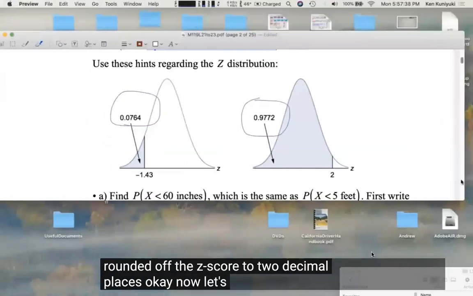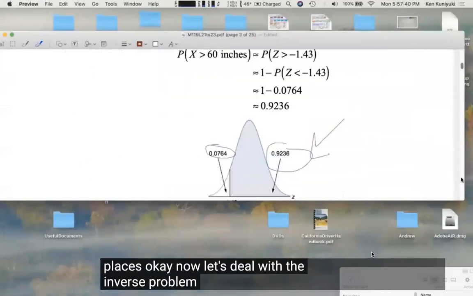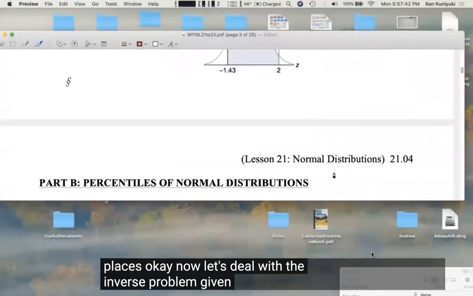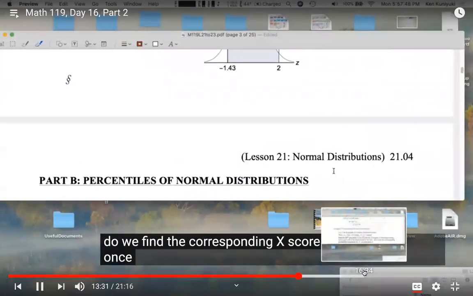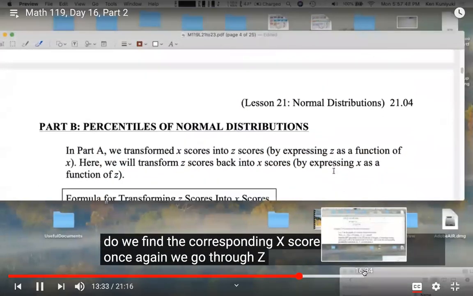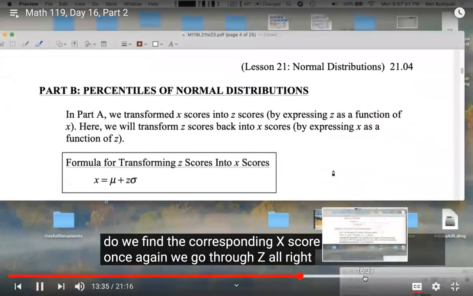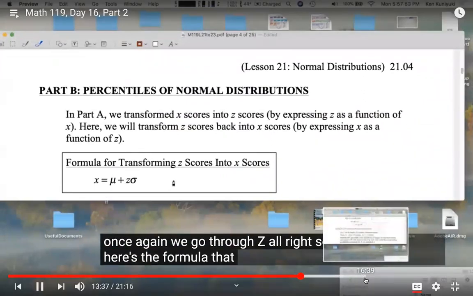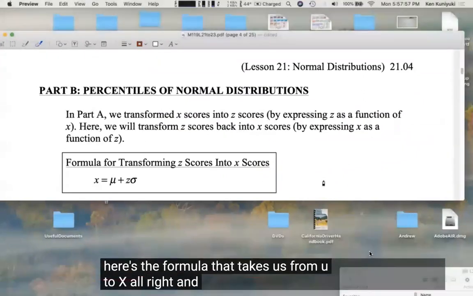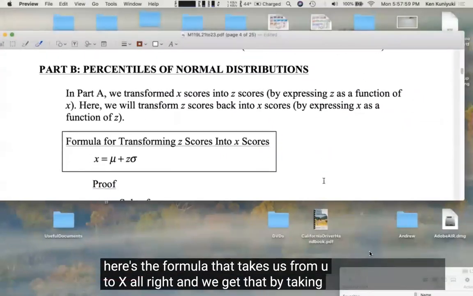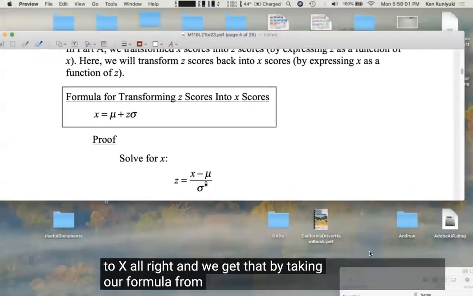Now, let's deal with the inverse problem. Given a probability, how do we find the corresponding x-score? Once again, we go through z. All right. So here's the formula that takes us from z to x. And we get that by taking our formula from x to z.